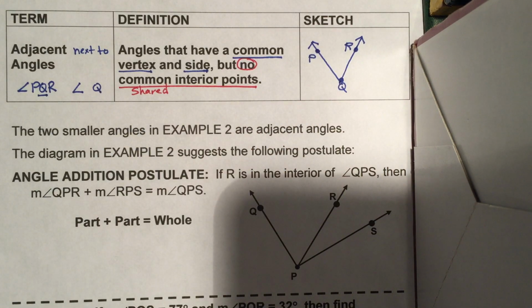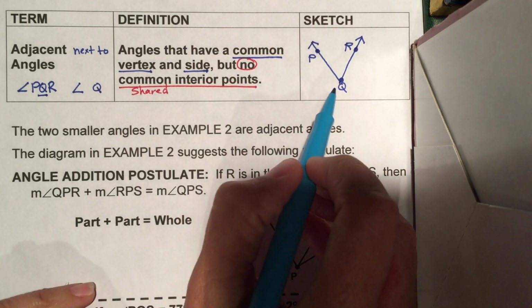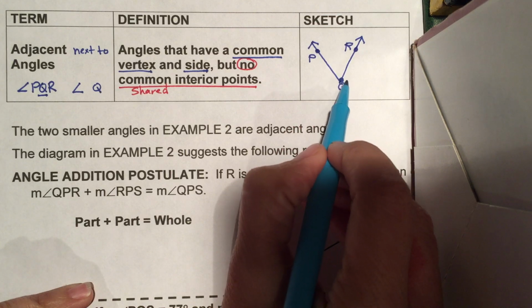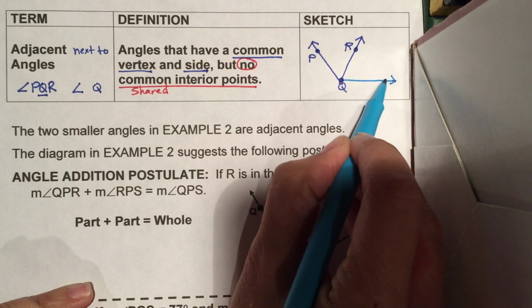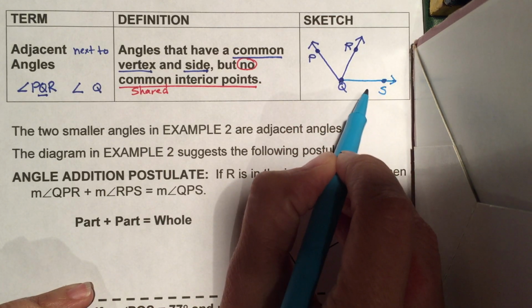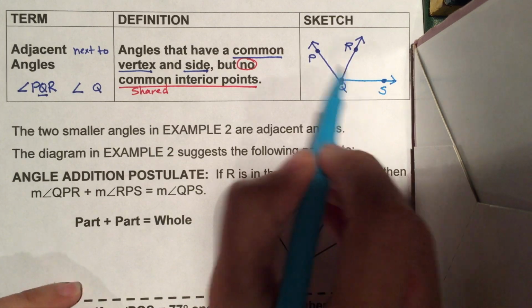So if I want to make an adjacent angle pair, I have to make something that has either QP or QR as its side. So I'm going to draw it over here. Now I've got angle RQS.